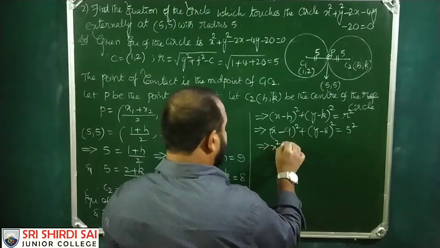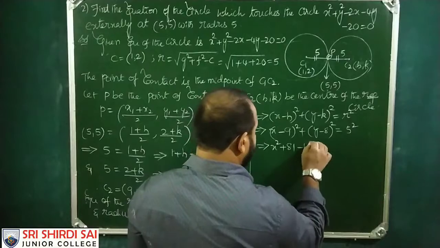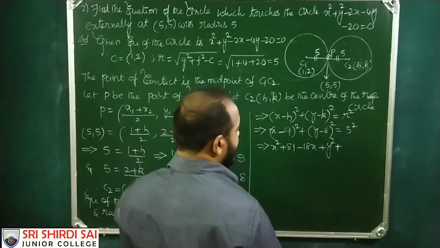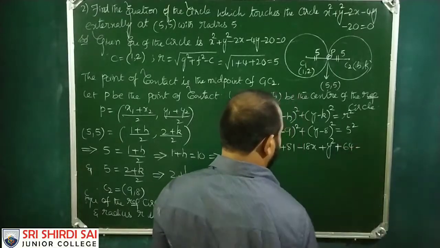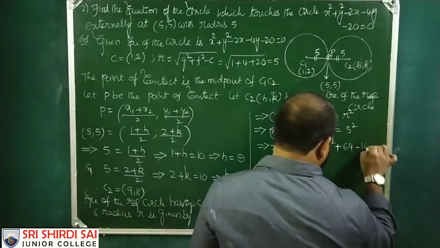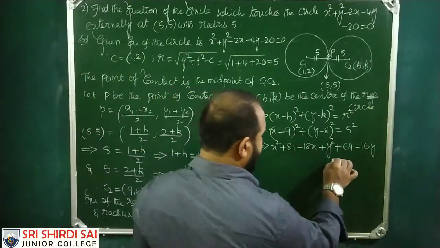So x square plus 81, 2 nines are 18x, y square plus 64 minus 2 eights are 16y equals 25.